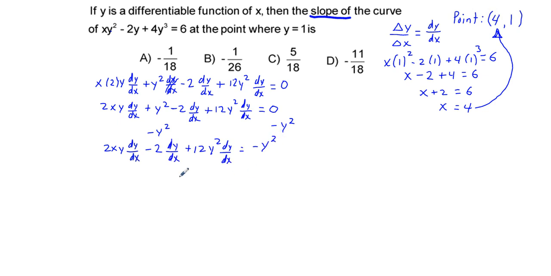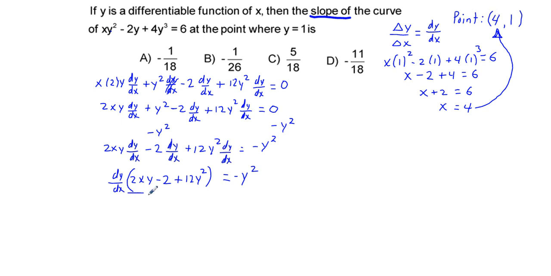And now we have as a common factor for all three terms on the left this dy/dx. So I'm going to rewrite as dy/dx times 2xy minus 2 plus 12y squared. Okay, and that's going to be equal to negative y squared.